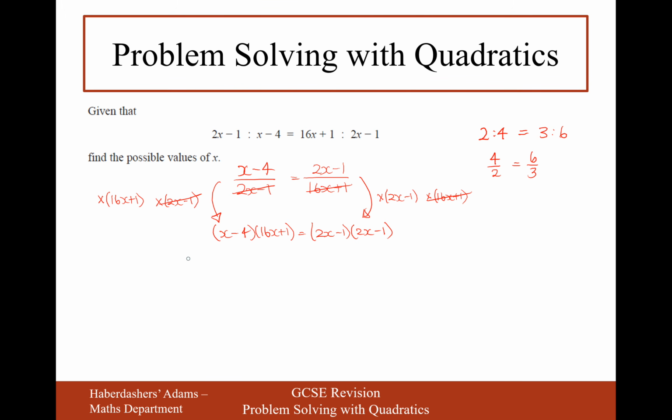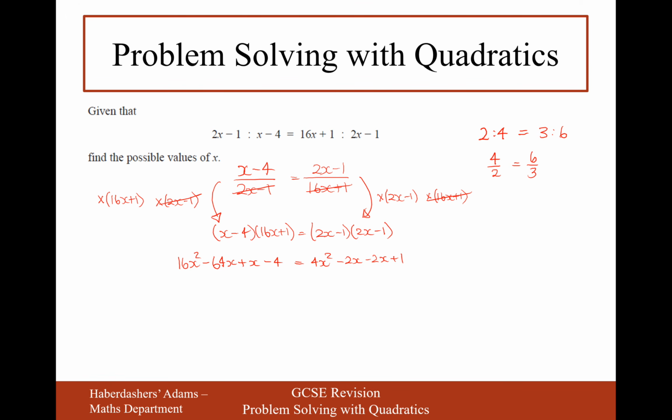Let's now expand the brackets on both sides. It's going to be 16x squared minus 4 times 16, let's just double check, 64, yeah. 64x plus x minus 4 equals 4x squared minus 2x minus 2x plus 1.